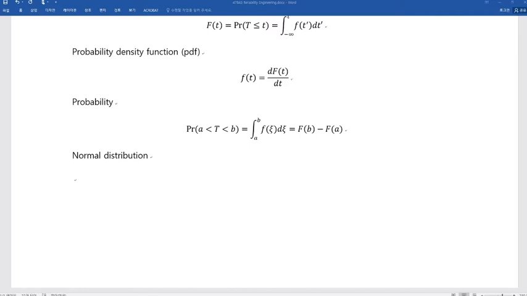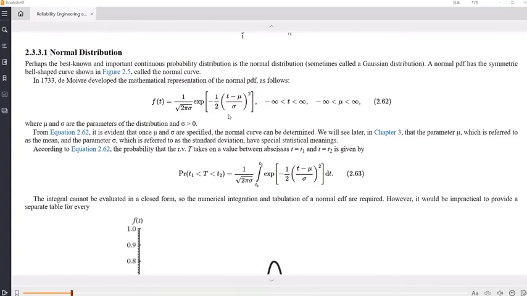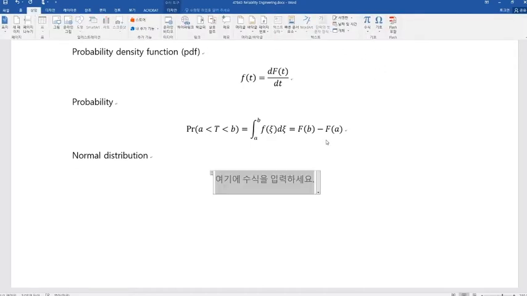So if we want to understand what normal distribution is, or how this probability distribution is derived, then we first need to understand some fact.